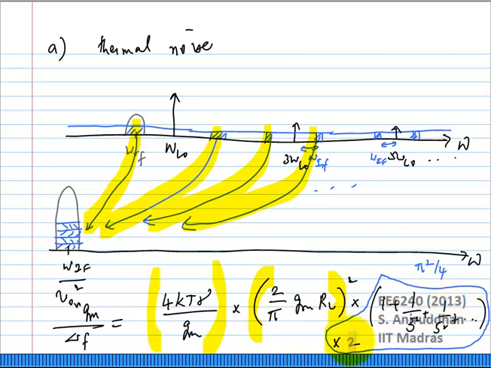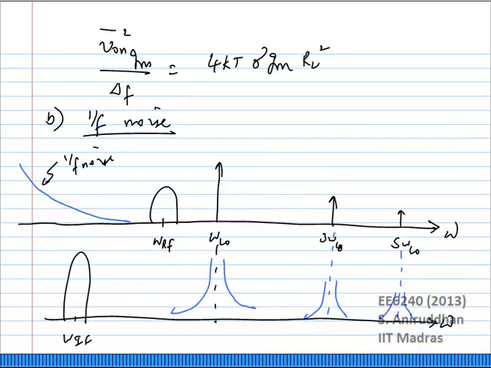As it turns out, this overall quantity, twice 1 plus 1/3 squared plus 1/5 squared plus so on, is pi squared by 4. Therefore the overall noise is 4 kT gamma Gm RL squared.